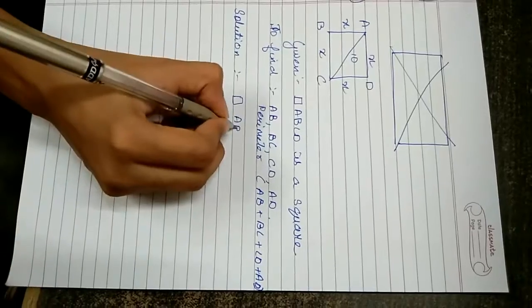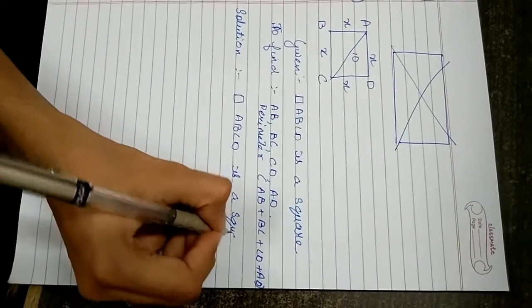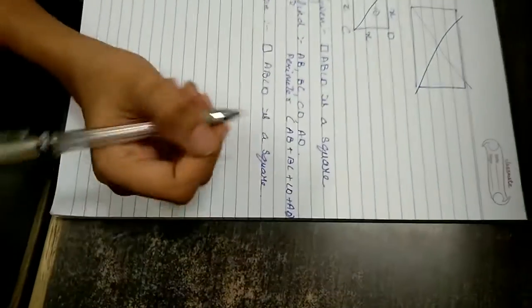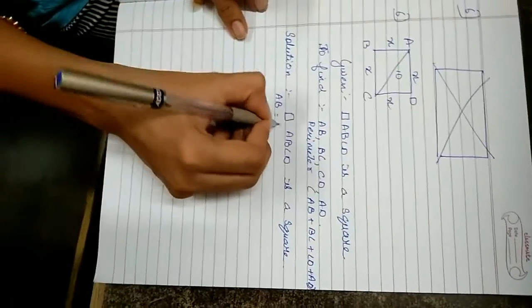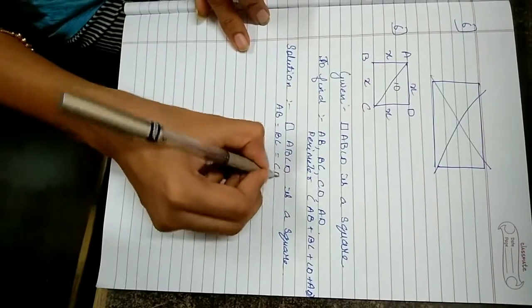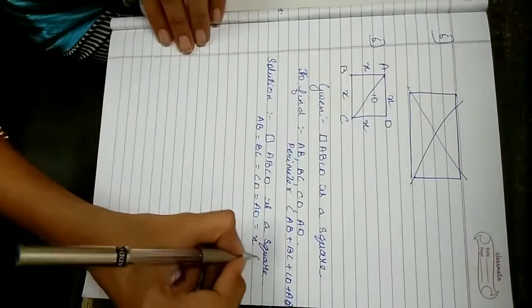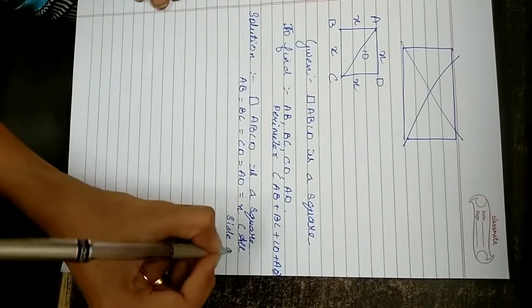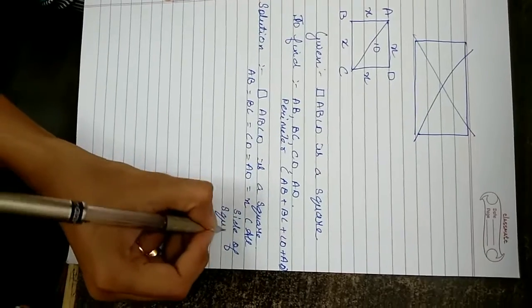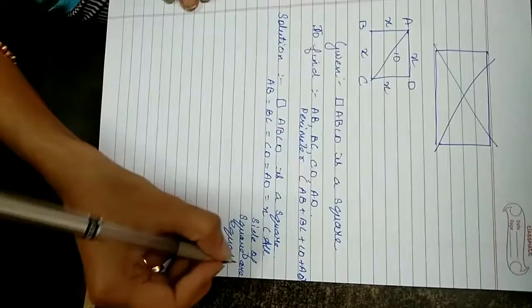Quadrilateral ABCD is a square, where AB is equal to BC, BC is equal to CD, CD is equal to AD, that is equal to x. Reason: all sides of a square are equal or congruent.